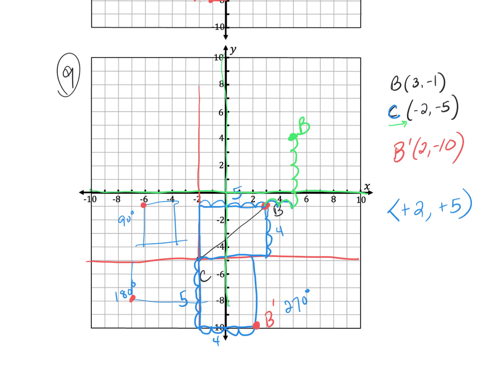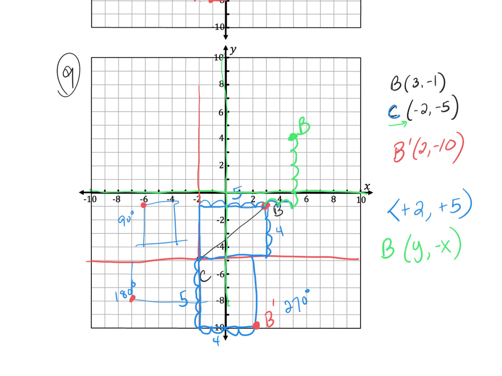I'm not going to redo that again, but this time I will use our rotation rule. For 270 degrees we flip the X and Y, but this time, unlike the 90 degree, we do the -X.